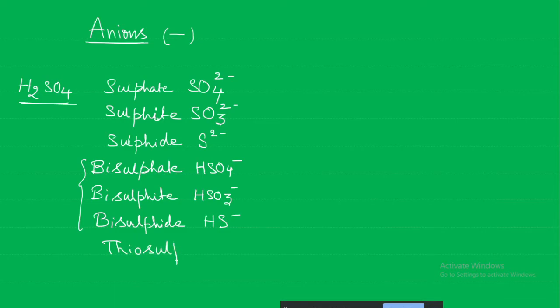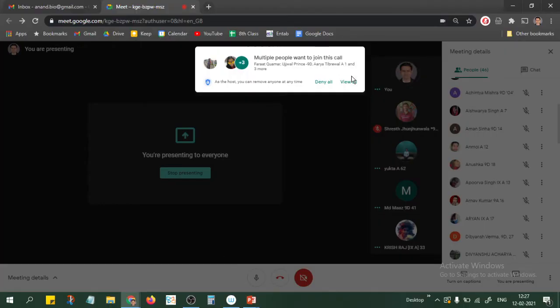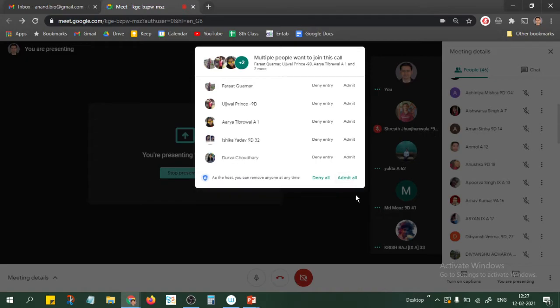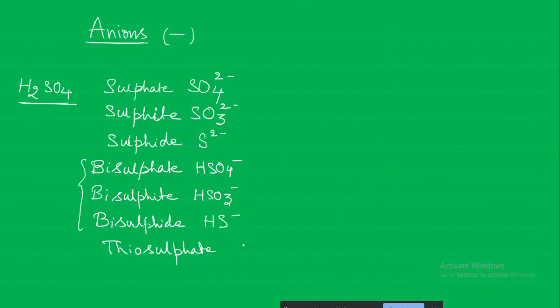Then thiosulfate. Okay, when you say thio, all of this means sulfur. So when we say thiosulfate, one extra sulfur will come.